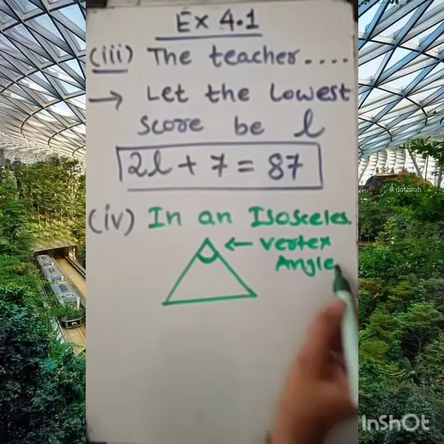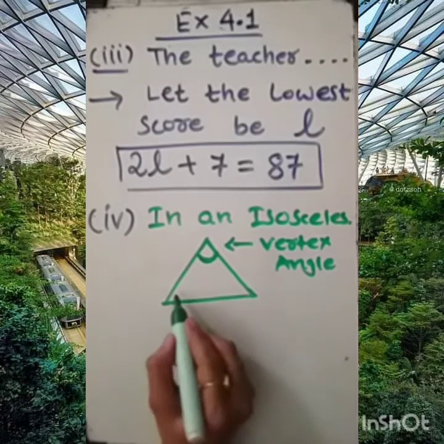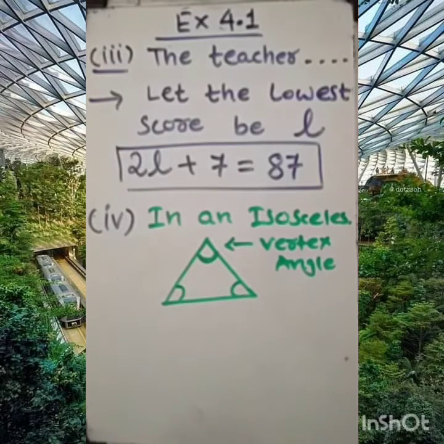We are given that the base angle, these two are the base angles, and the measure of the base angle is b. So how to form the equation?